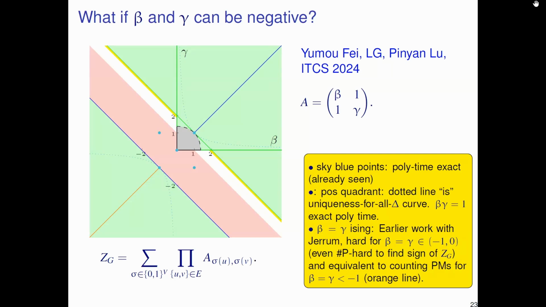So you take a value of beta sitting on that little strip, like maybe minus 1. And if you could compute whether the partition function was positive or not, then you could exactly count satisfying assignments and do whatever you like.